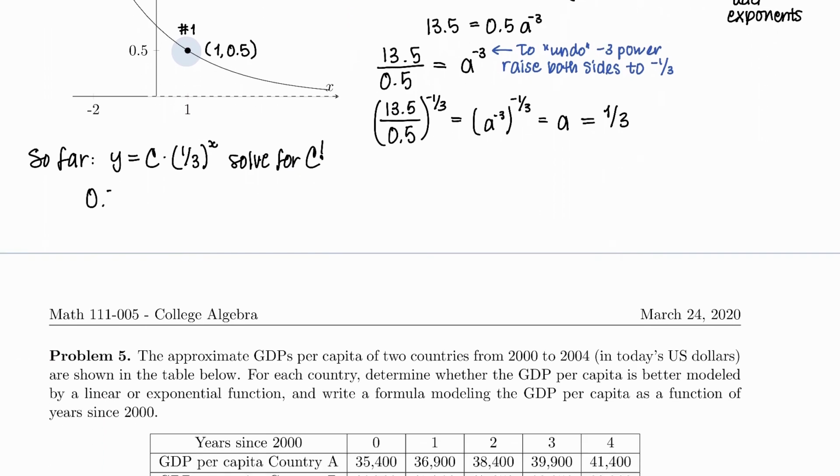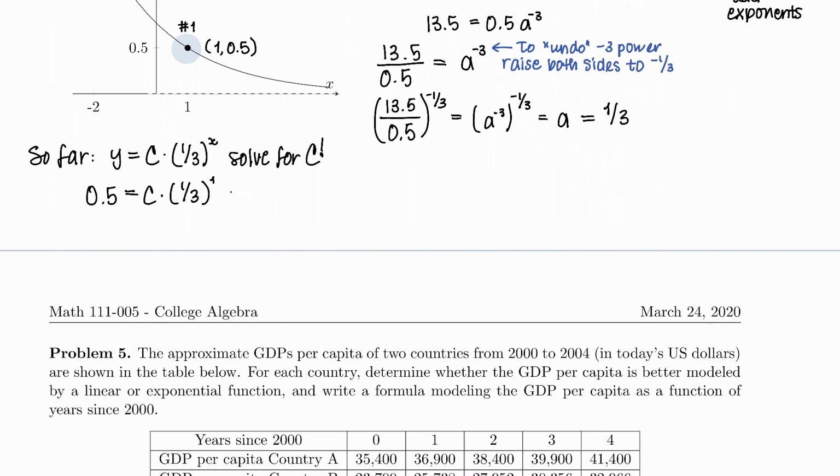So I get 0.5 equals c times 1/3 to the 1. So c is going to be equal to 0.5 divided by 1/3. And what is that equal to? It's equal to 1.5. Great, or 3/2, I guess.